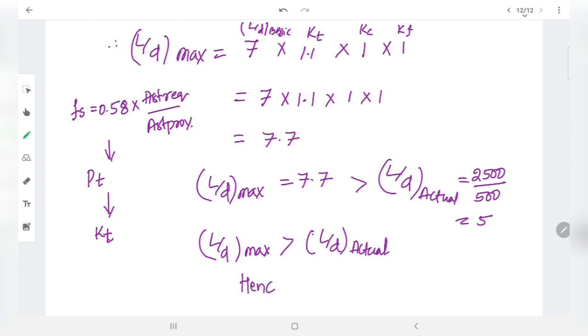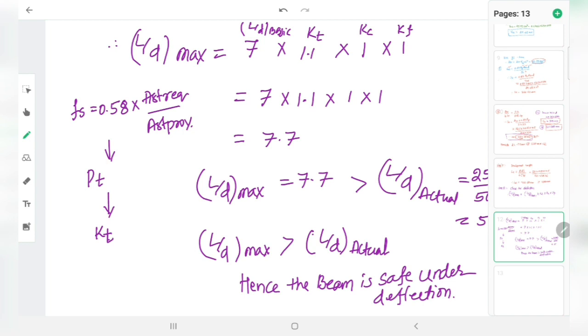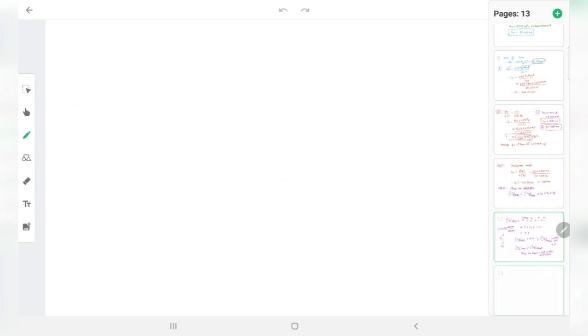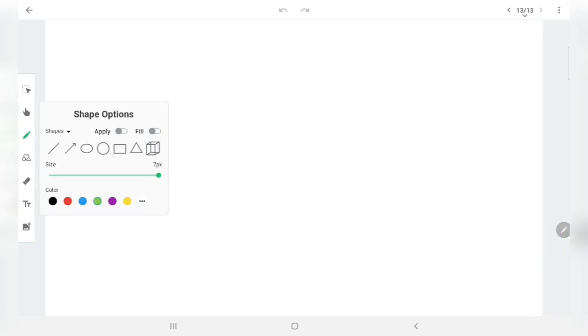Hence the beam is safe under deflection. Here you can check the beam under deflection. So here next we will go for the detailing part.